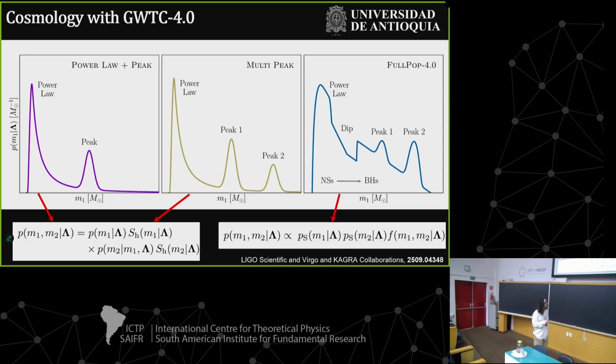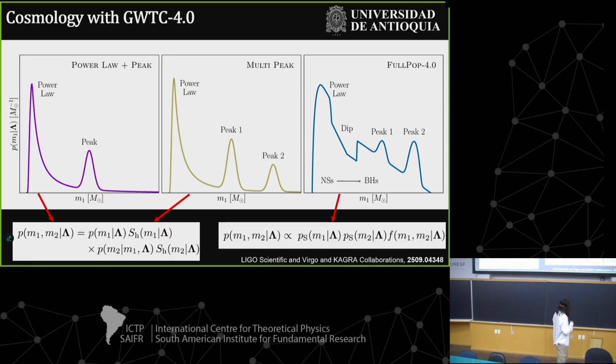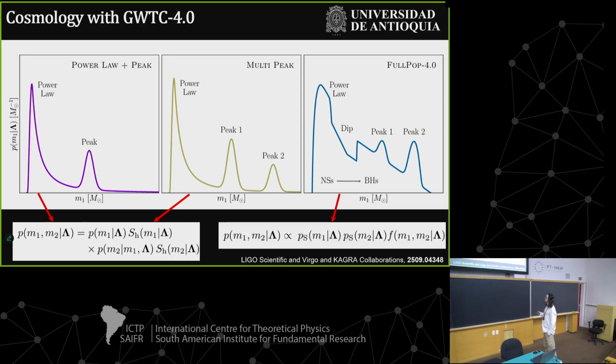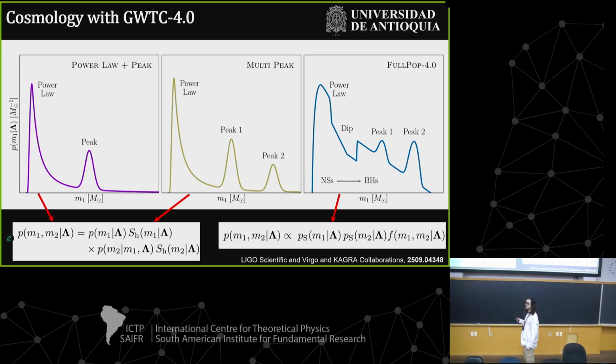And for this other case, which is called the full pop distribution, you use the same distribution for the primary and the secondary masses. And there is also something called the pairing function. So basically, the idea is that these joint distributions have to be zero whenever the secondary mass is larger than the primary.